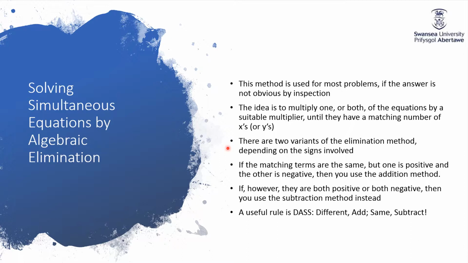There are two variants of the elimination method depending on the signs involved. If the matching terms are the same, but one is positive and the other is negative, then you use the addition method. If, however, they are both positive or both negative, then you use the subtraction method instead. A useful rule is DAS. Different, add. Same, subtract.